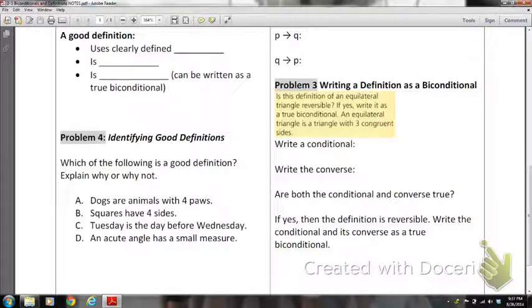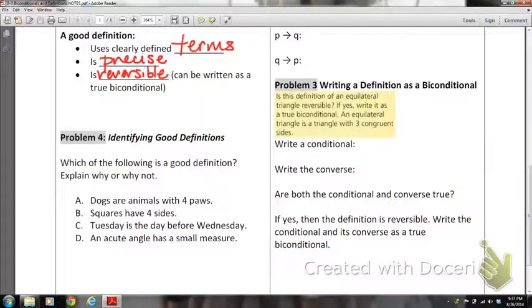To be a good definition, it uses clearly defined terms. It is precise, and it is reversible. It can be written, in other words, as a true biconditional if it's reversible.